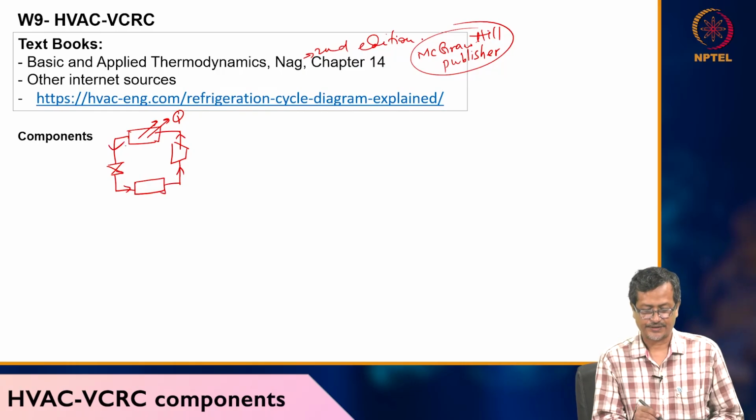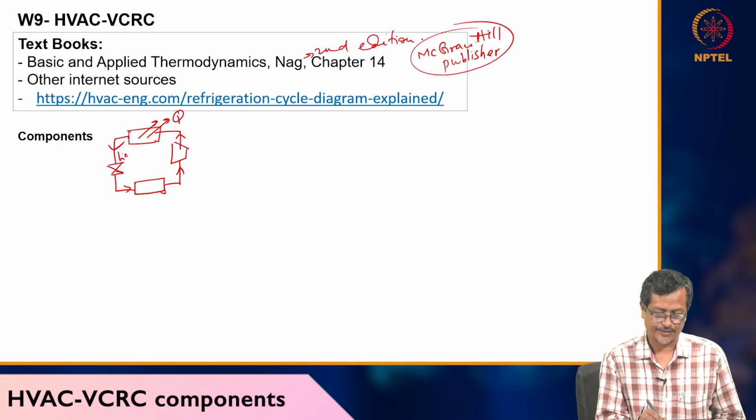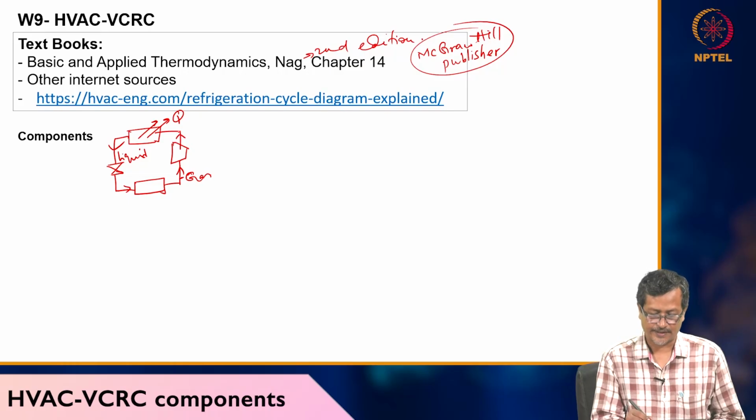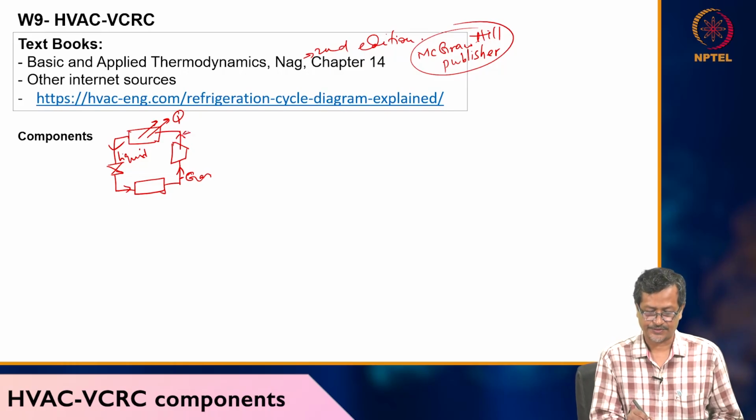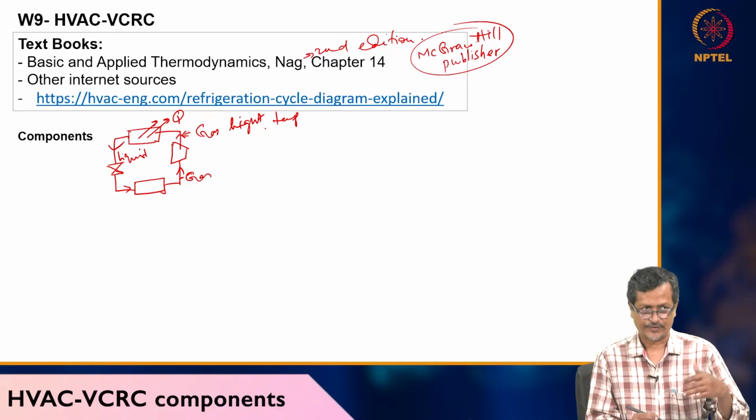After condensing it will be liquid, and this is gas. After compression it will be gas at high temperature. When the temperature is reduced, it will form liquid.